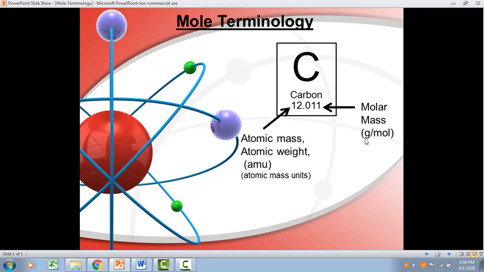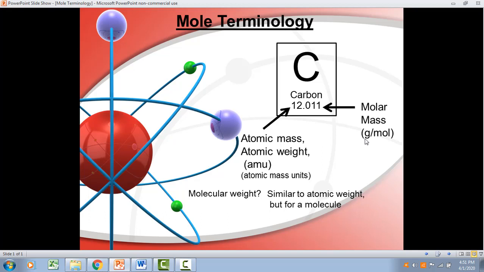Now there are a couple other terms that are frequently used. One is molecular weight. So what is molecular weight? Well, it's similar to atomic weight, but it's for a molecule, right? So we're not going to just deal with elements like carbon or iron. We have molecules such as water, H2O. The atomic weight of oxygen is 16.